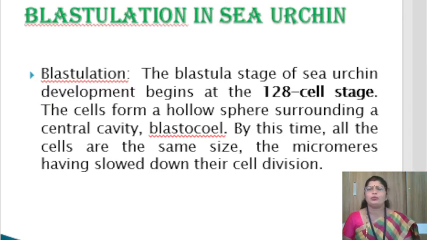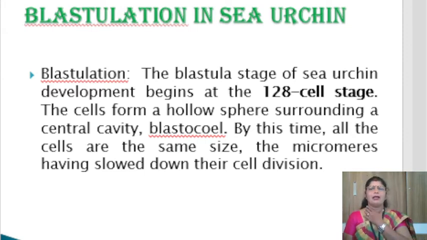Next, we will move to blastulation in sea urchin. As I told in the last class, the sea urchin is a lower invertebrate. So its egg is microlecithal, only a small amount of yolk will be there, and fertilization is external. Outside the body, fertilization will take place and the zygote will be formed.